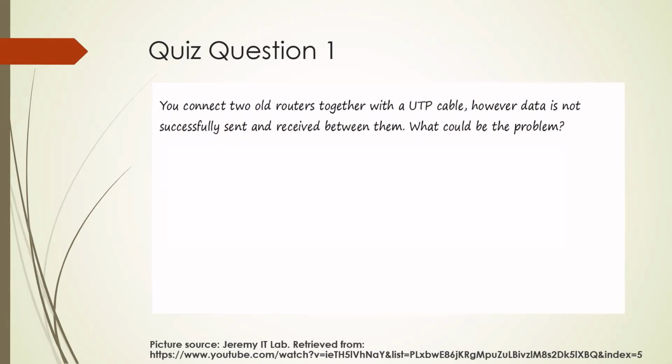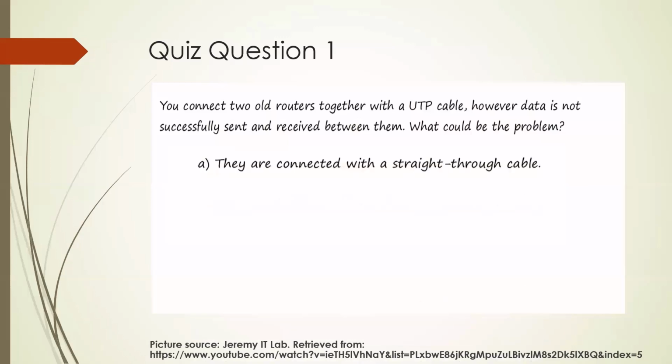Our first question. I need everybody to participate, so everybody must answer the question because they are all objective. You connect two old routers together with a UTP cable. However, data is not successfully sent and received between them. What could be the problem?